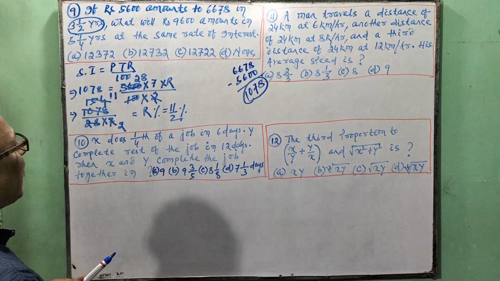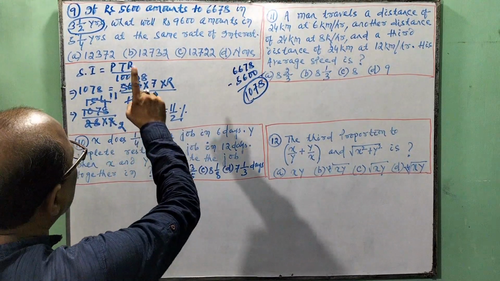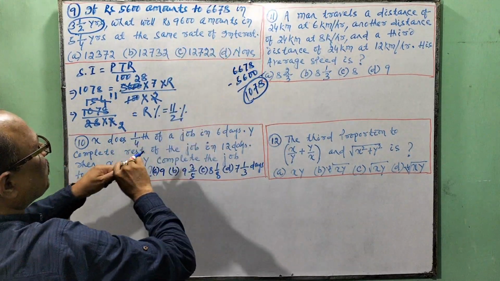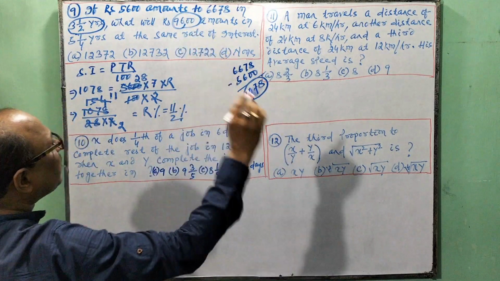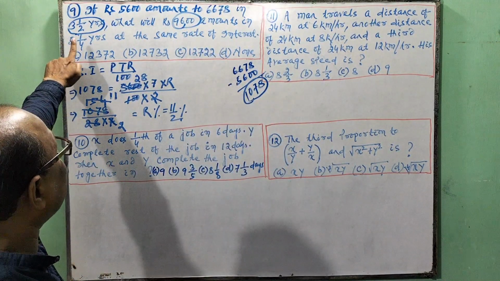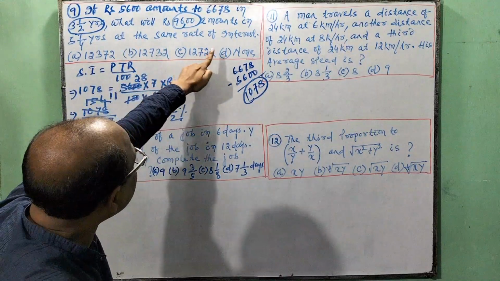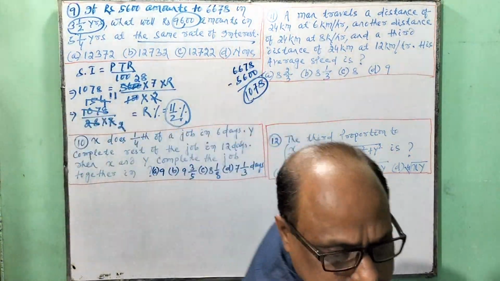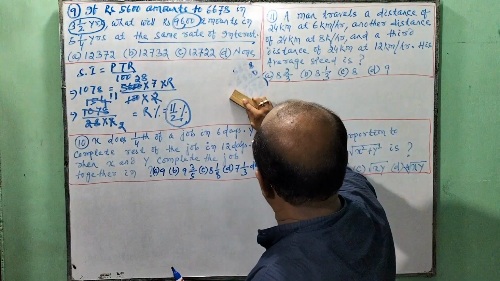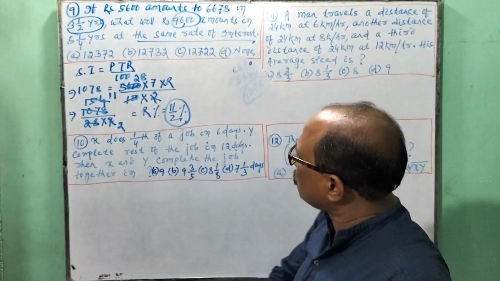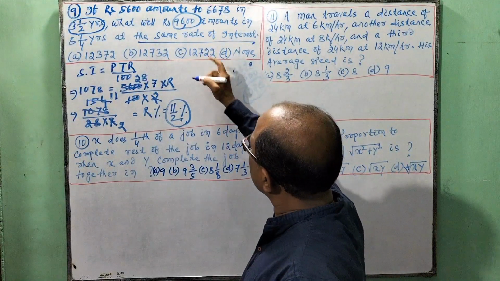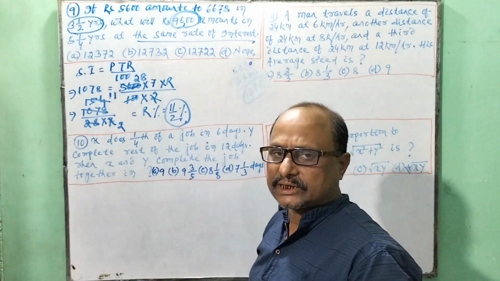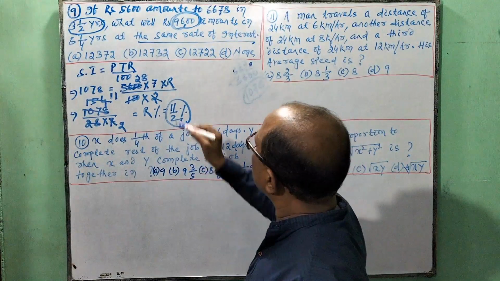But the question asks, what will rupees 9,600, this is the principal, amount to in 5 and 1 by 4 years at the same rate of interest? This means this rate of interest. So here this is the principal. We have to find the simple interest to get the amount.